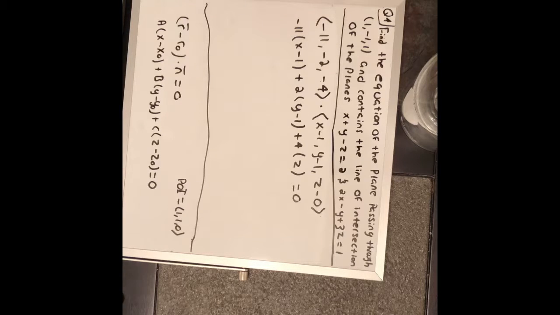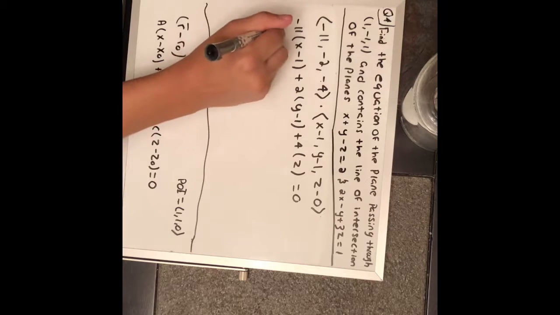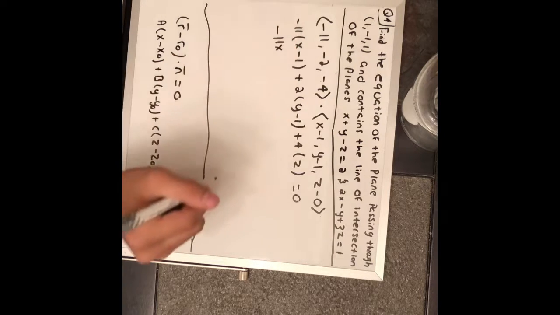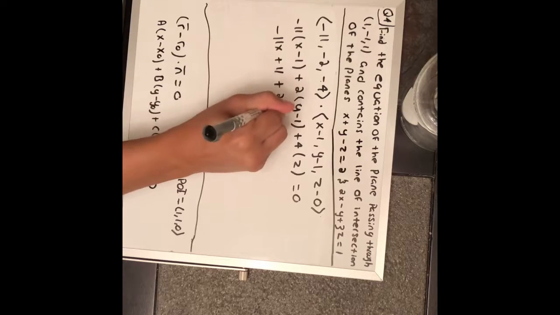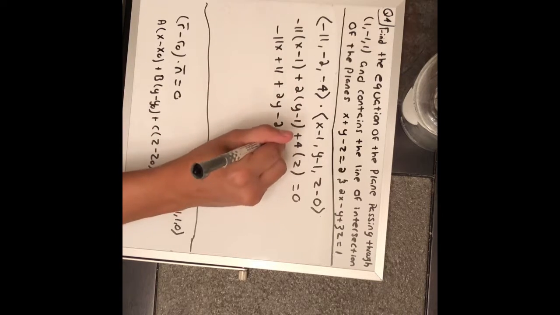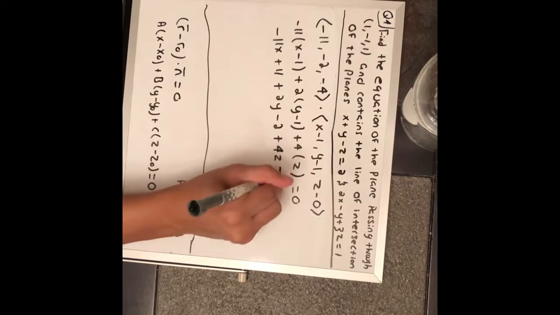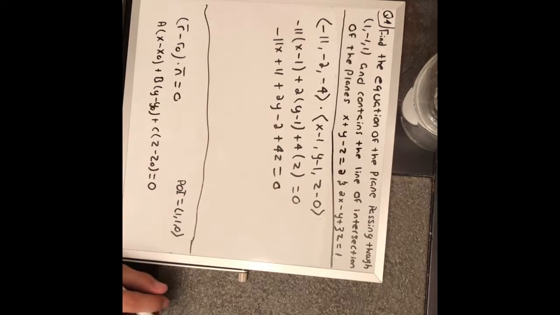Now from this we can distribute. We'll have -11x + 11 + 2y - 2 + 4z = 0. So 11 minus 2 is 9.